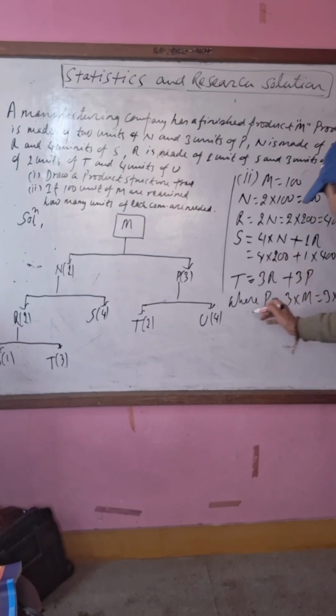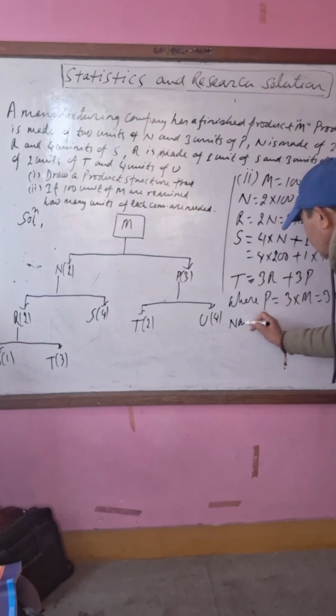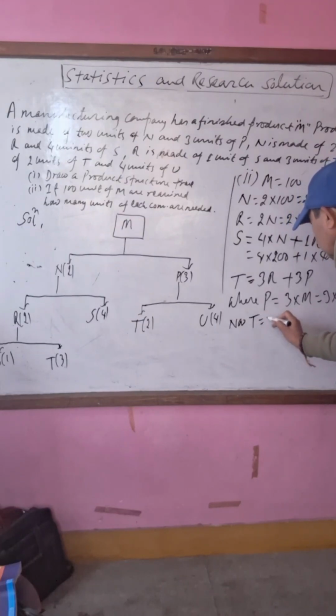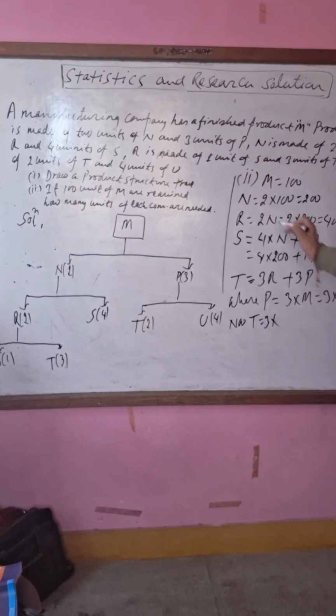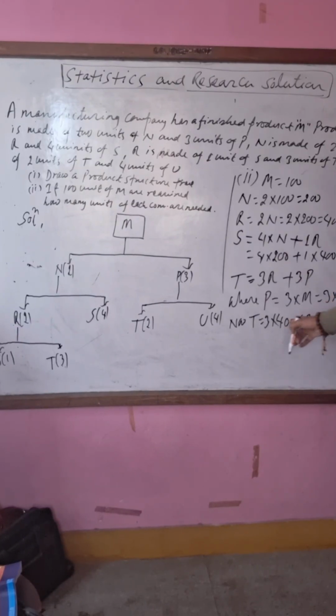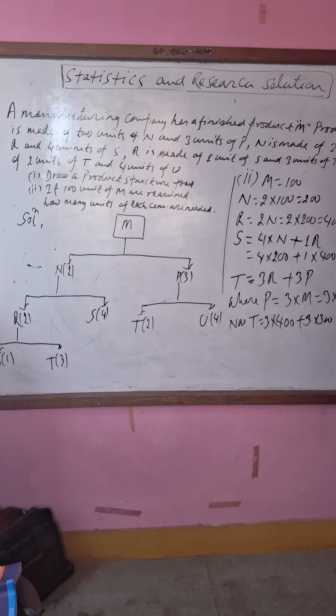Now substitute the values. T is equal to 3 into R, R we already calculated as 400, plus 3 into 300. That is 1200 and 900, so 2100. 2100 units of T we require.